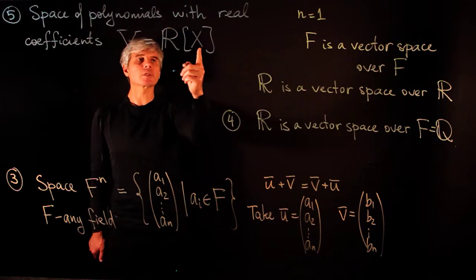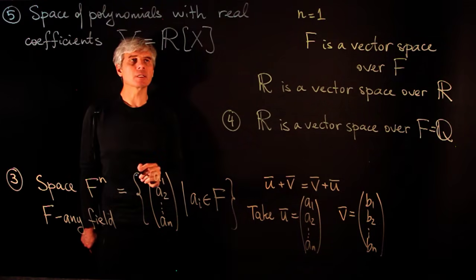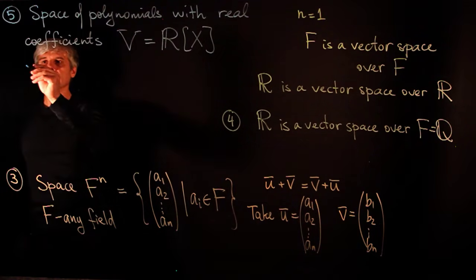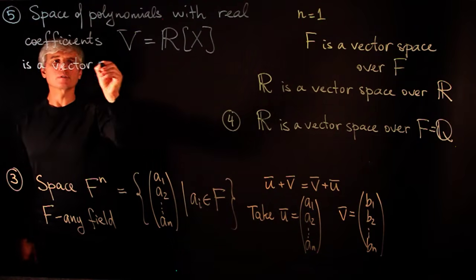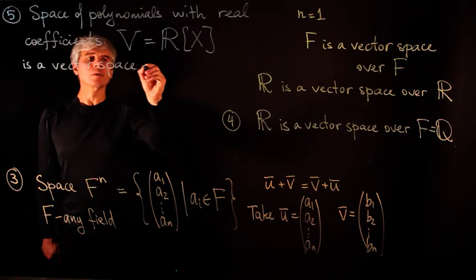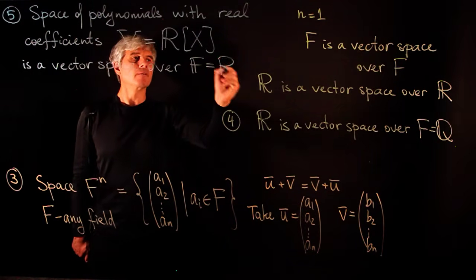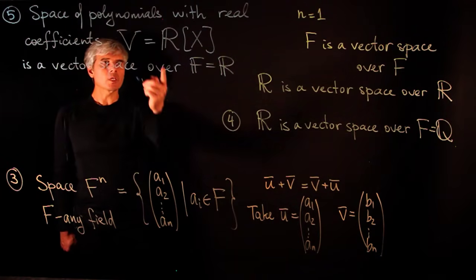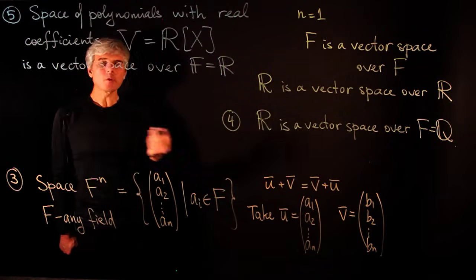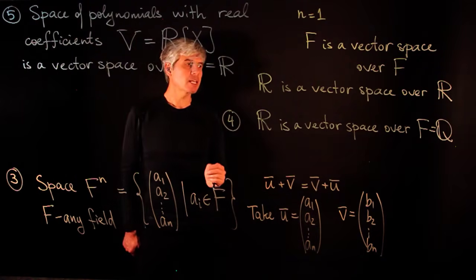So these are polynomials in variable X with real coefficients. And this is a vector space over the field of real numbers. And so here we treat polynomials as vectors, and we treat real numbers as scalars.